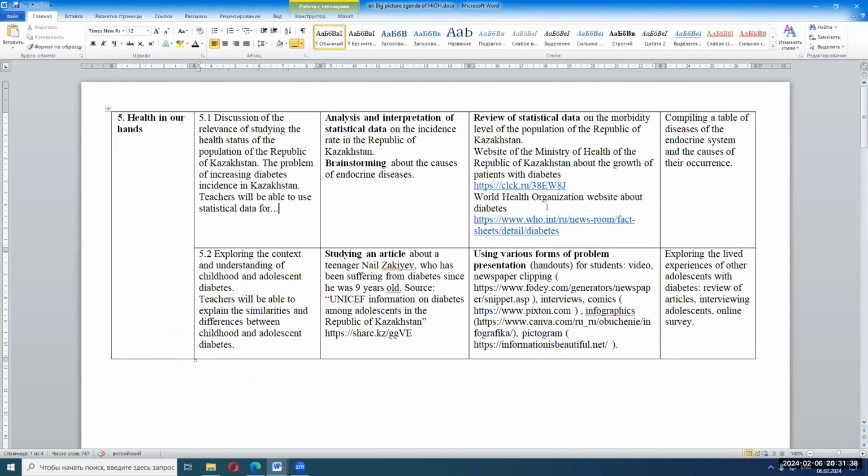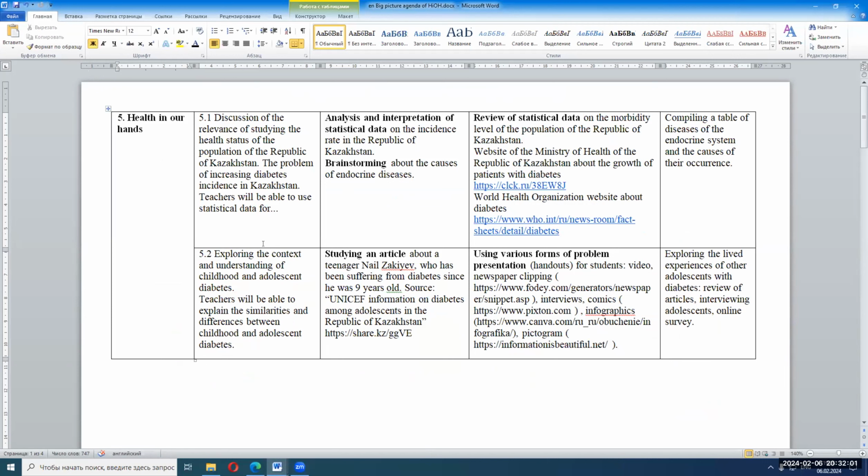So good evening or good morning, everyone, again. Let me tell you a little bit about our plans. So this is our plan for conducting lessons about health in our hands. We divided it into some parts.